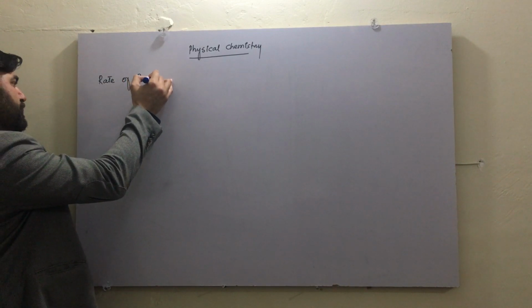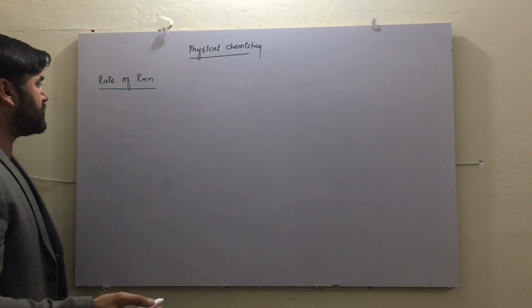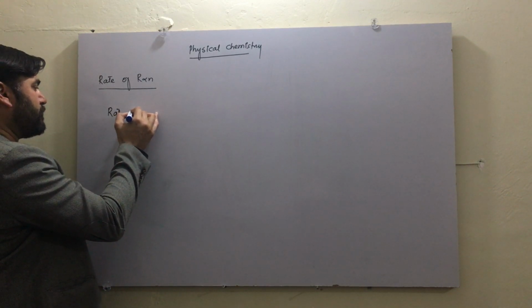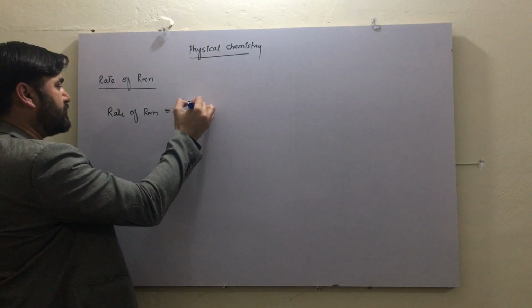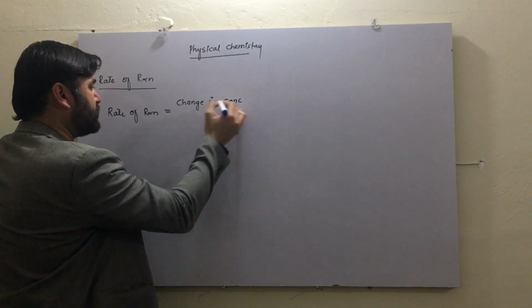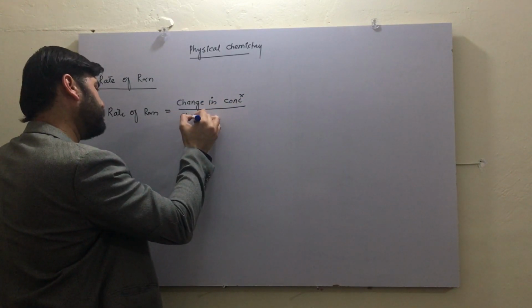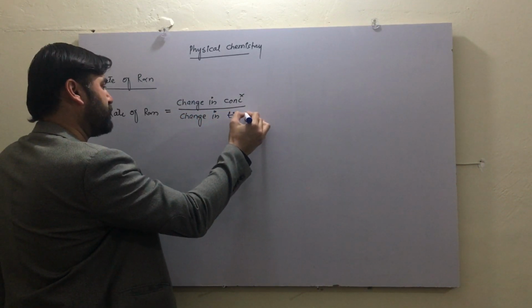Rate of reaction was just the change in concentration divided by the change in time.